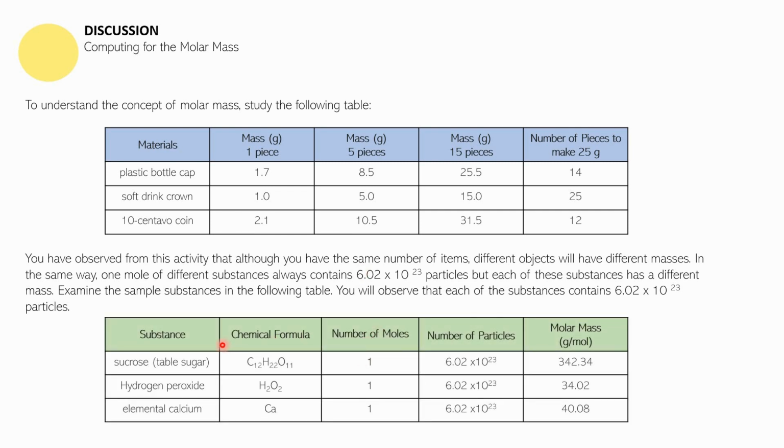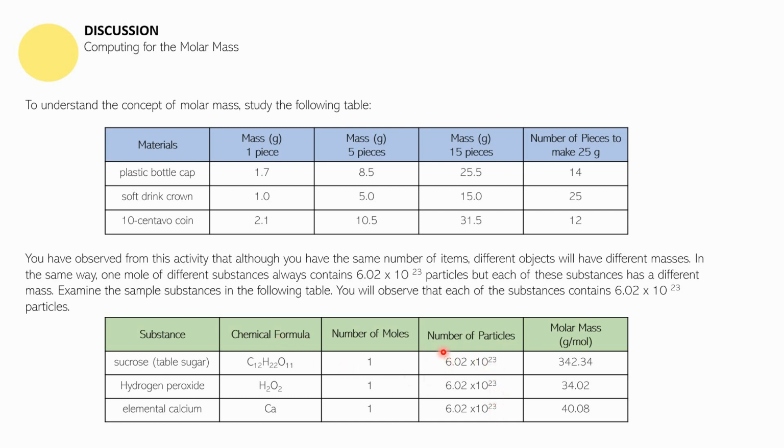Now, in the following table, observe that sucrose, hydrogen peroxide, and elemental calcium, with the following chemical formulas, have the same number of moles and the same number of particles. In the case of sugar, it's molecules, hydrogen peroxide is molecules, and calcium is atoms.